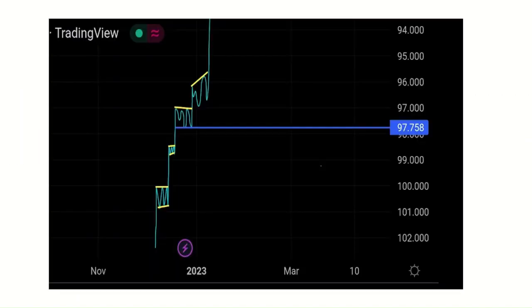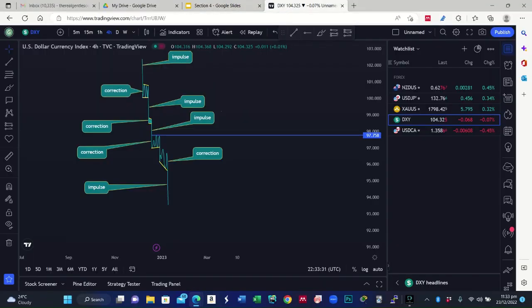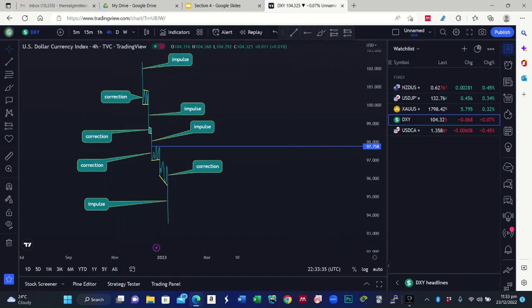So I'm trying to show you how it looks on the chart. This long one is the impulse, and this is the correction, then another small impulse, then correction, impulse, correction, impulse, correction. Let me show you this on a chart. I have labeled it here, as you can see.